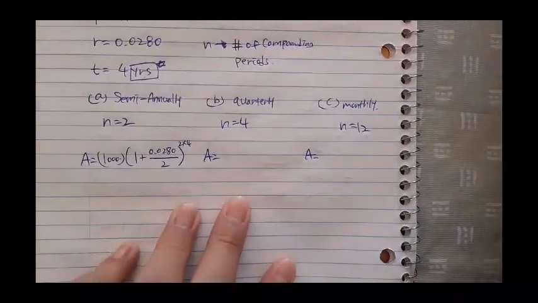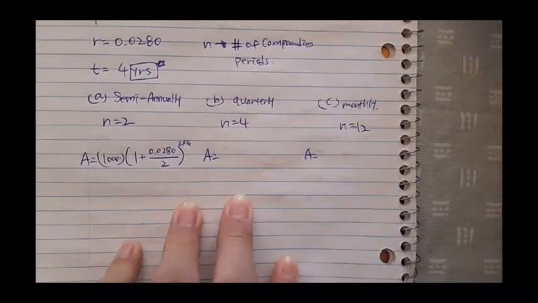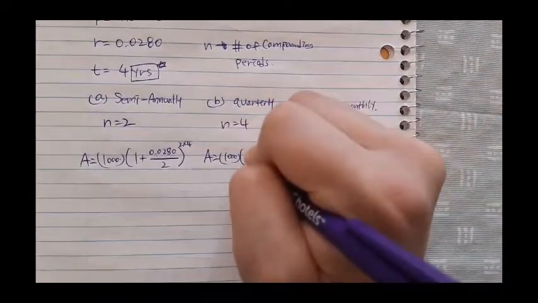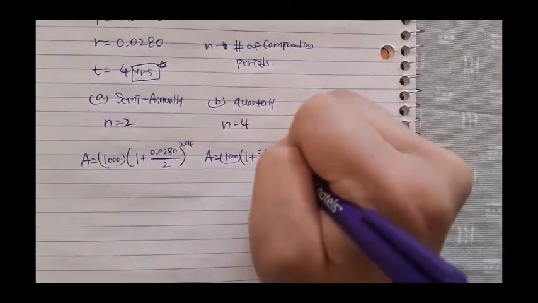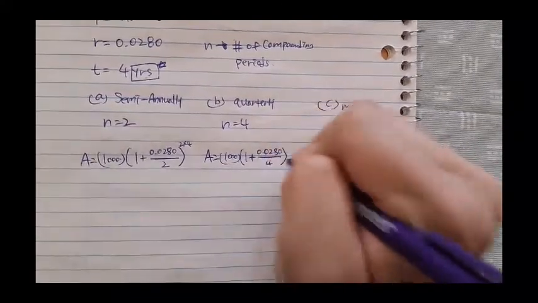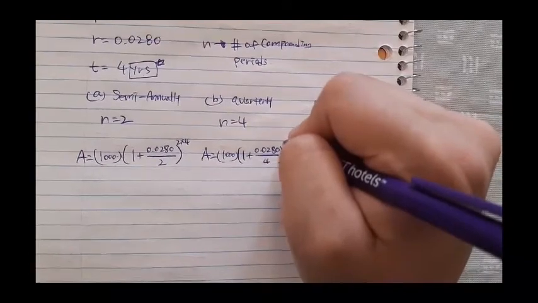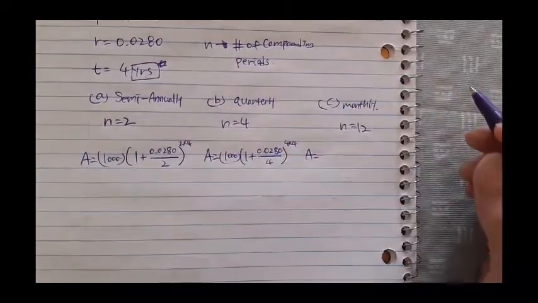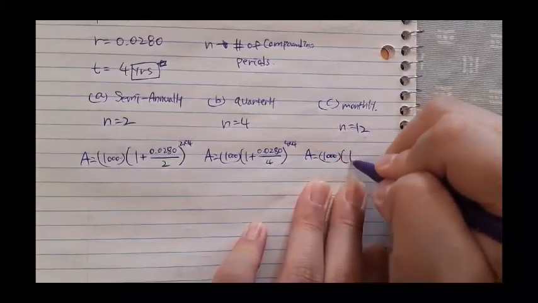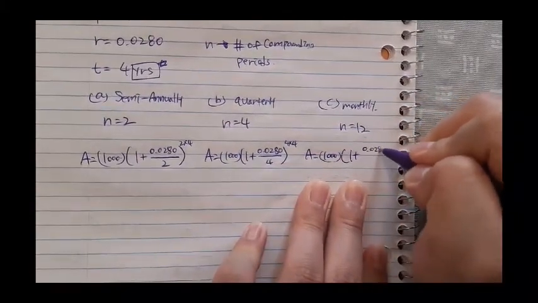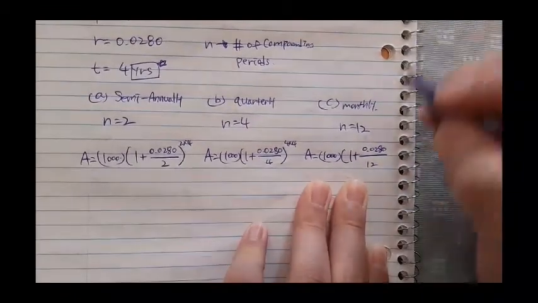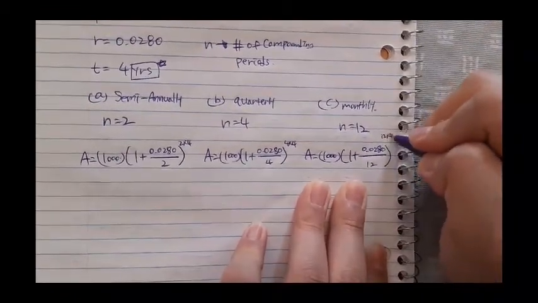If I look at my quarterly situation, 1,000, the principal doesn't change. 1 plus 0.0280, that part also doesn't change, but n is equal to 4, and my exponent changes because it's 4 times 4. Monthly, 1,000 times 1 plus 0.0280 divided by 12 in this situation, and the exponent is 12 times 4.